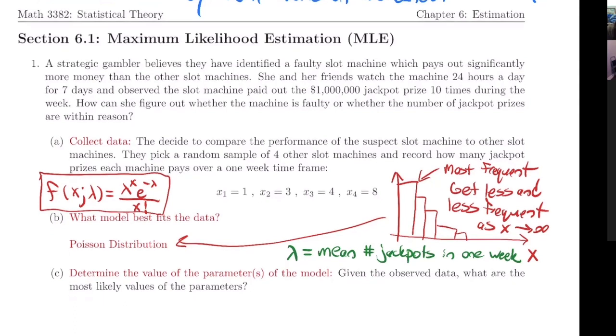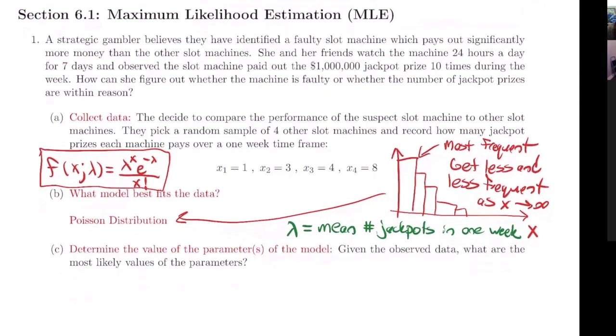The process here is a two-step process. One would be to think, what model do you think this fits? That's like asking what family of function do you think we're in. And then let's find the parameters of that function.